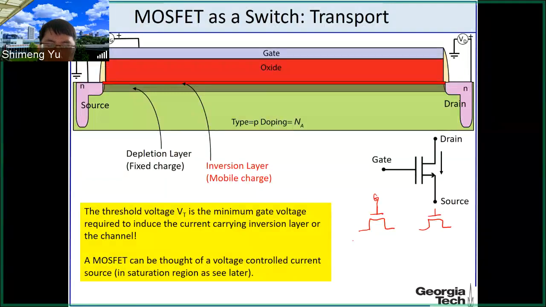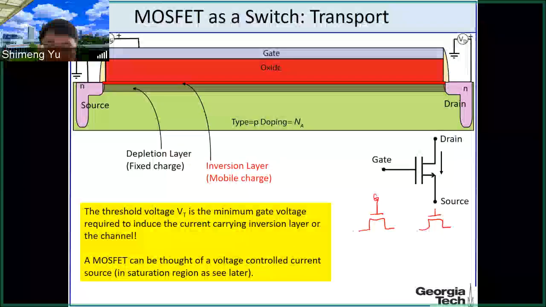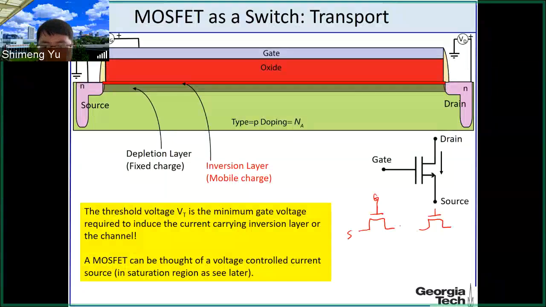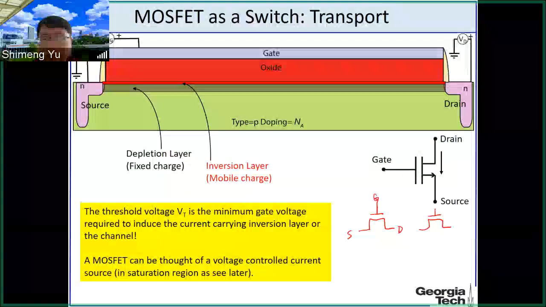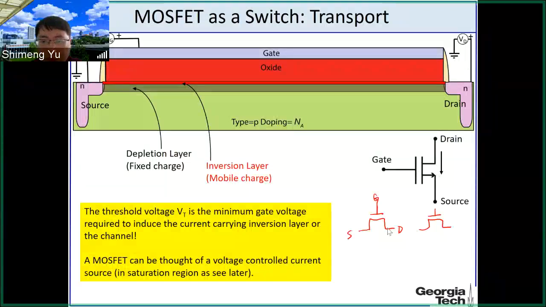So in our example, we say the left-hand side is source, right-hand side is drain. But this may not be always true, okay? If you think about this structure, it's a symmetric structure. So which is the source and which is drain can always be exchanged, depending on what? Depending on the voltage you apply.